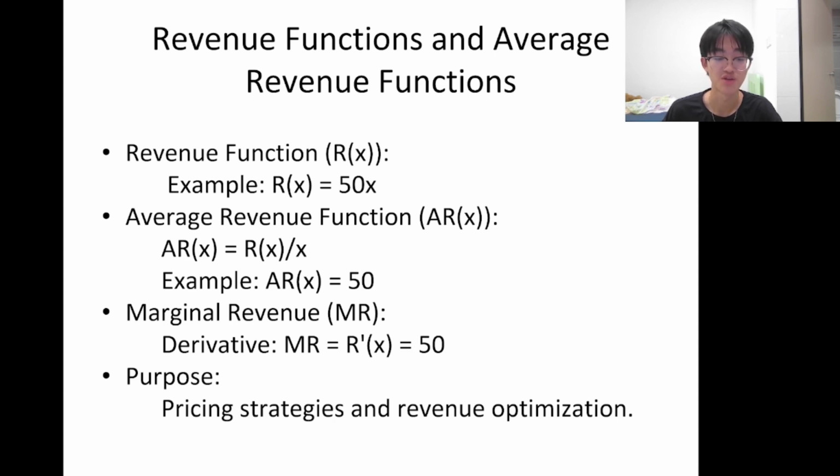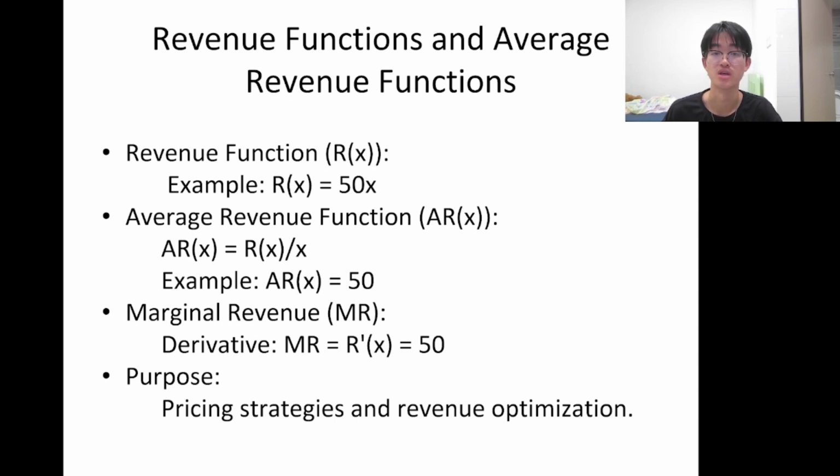The average revenue function, AR(x), is calculated by AR(x) equal to R(x) divided by x. In this case, AR(x) equal to 15 indicates a constant revenue per unit.